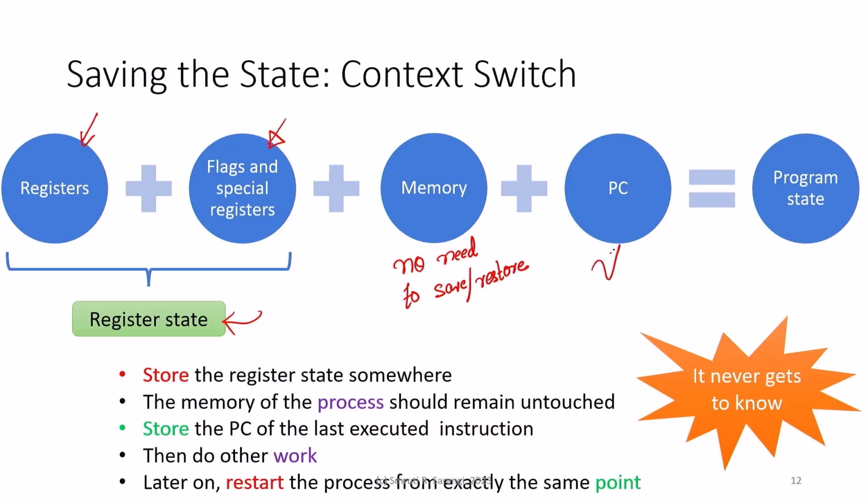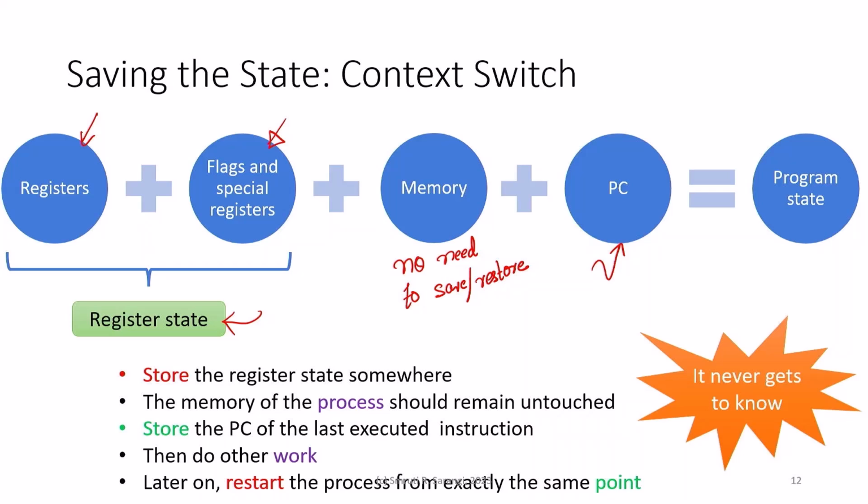The next is the program counter, which is where I should resume from. This is kind of tricky. This is not very straightforward. The reason being that, in many cases, for example, a page fault. A page fault, as we shall see later, is where there is some issue in getting the data for the address because it is not there in memory right now.